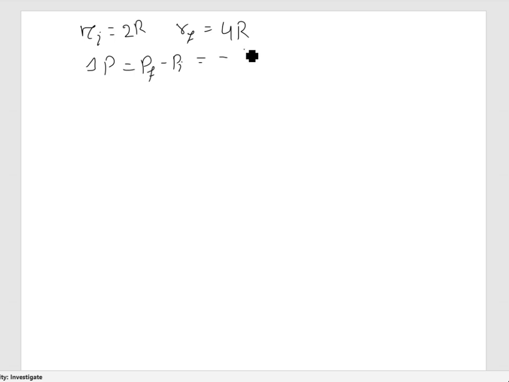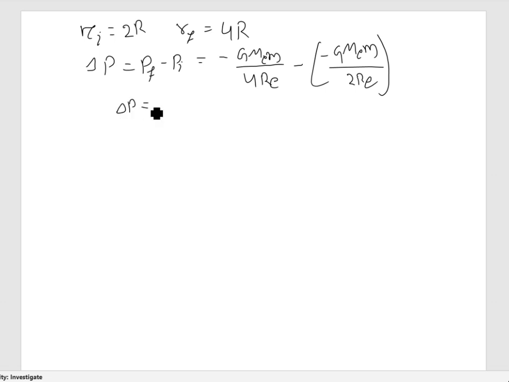So I'll put G, universal gravitational constant, capital M, mass of Earth, small m, mass of the satellite, by 4 radius of Earth, minus, because potential energy is negative, G M E m by 2 R E. If I solve it, minus minus becomes plus, so delta P will become G M E m by 4 R E. This is the first answer.